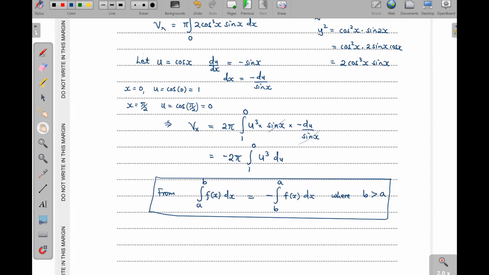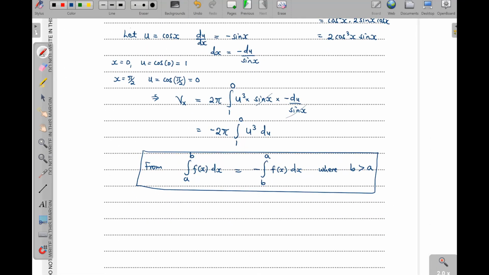So this simply implies that our v of x is going to be equal to, now the negative will be absorbed in here. So we shall have 2 pi, then the integral from 0 to 1, because you're supposed to integrate from the smaller limit to the upper limit. Like that. Now we have 2 pi, then here you have u to the power of 4 over 4.